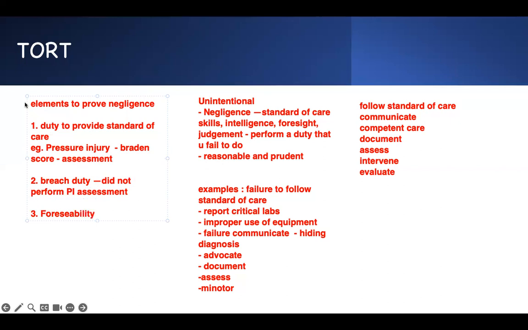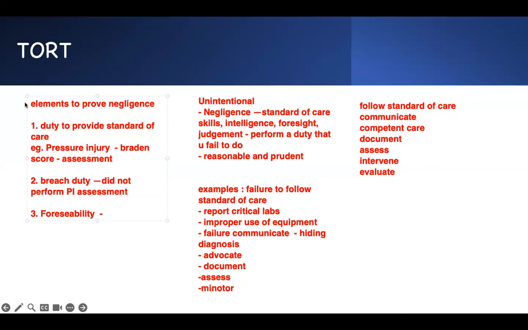This is foreseeability. That means you're like a prophet, you can see ahead. Foreseeability is like a lawyer word, basically. All it means is, take one and two, combine them and see. You know that you should do the pressure injury assessment. If you do it, you will take certain precautions. But now you do not do it, you never took the precautions you're supposed to take because you never calculated the grading score.